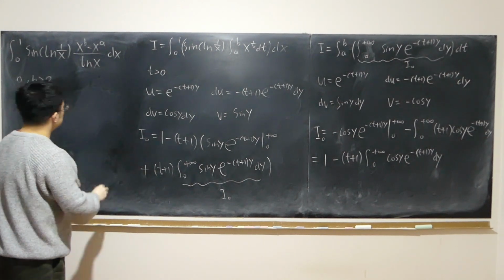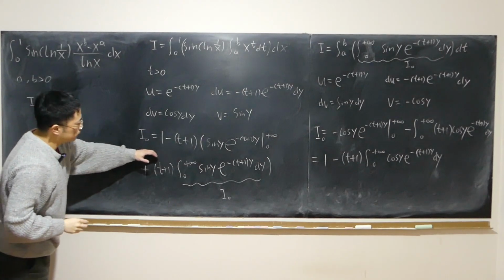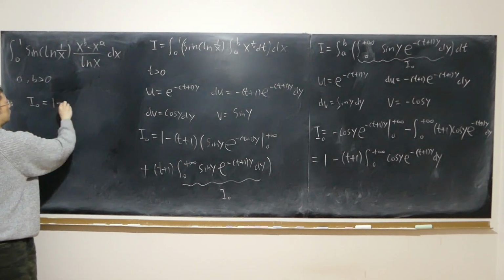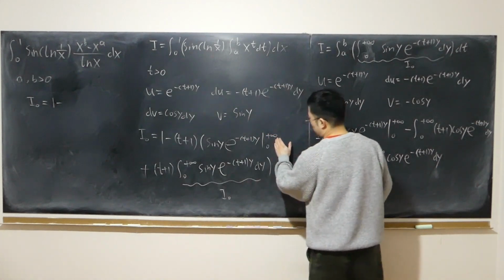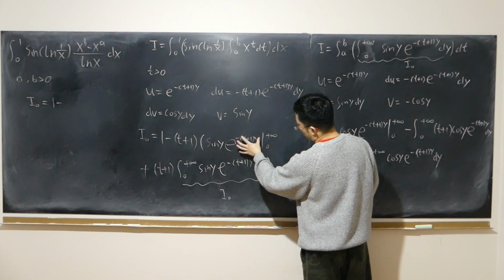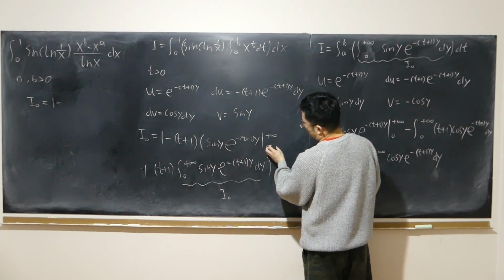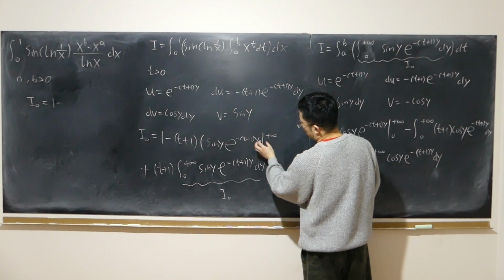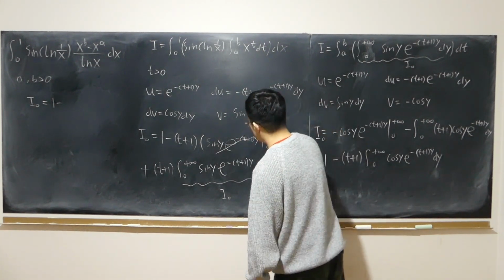So I naught is equal to 1 minus. Let me put positive infinity in here. Like I said, e to the negative infinity approaches 0, and 0 times a bounded function is still 0. So 0 goes in here. I have 1 times 0, 0. So this is gone. This is gone.